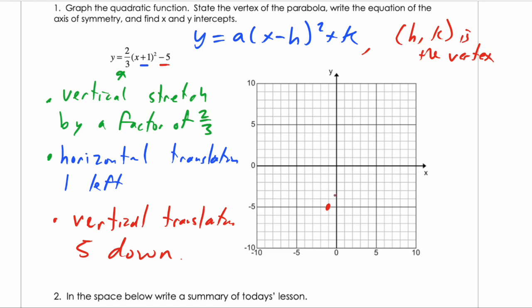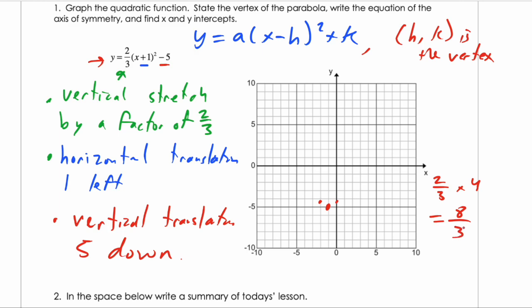And we know it's a vertical stretch, a factor of 2/3, which is not going to help us too much in this case. I guess you would actually have to calculate some of the values to graph it here. Okay. So we know it goes over 1 and up 1. In this case, we're going to go up 2/3. And if we go over 2, we would go up 4. So what's 2/3 times 4?